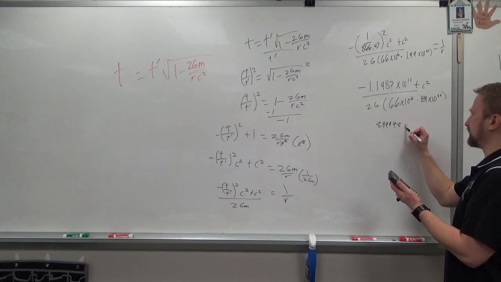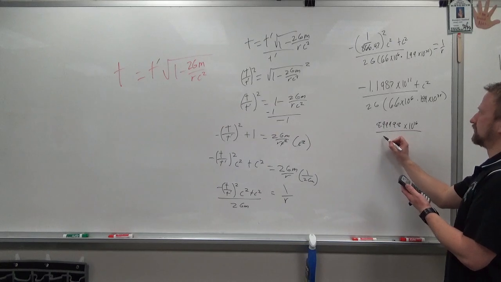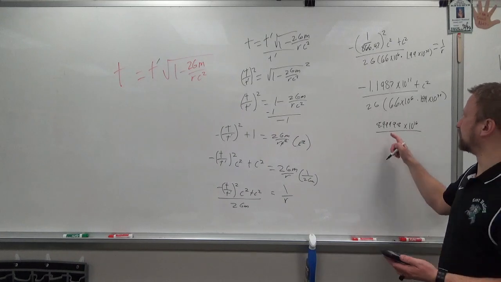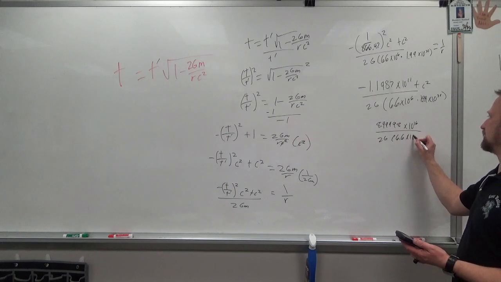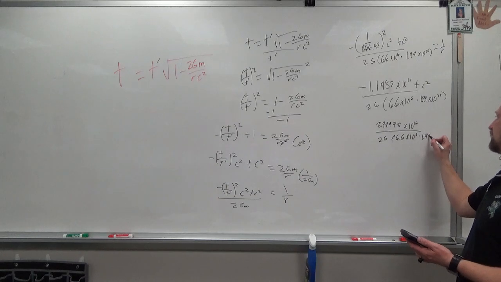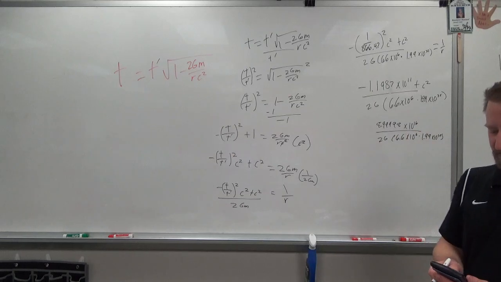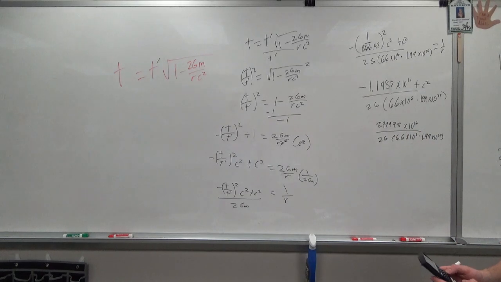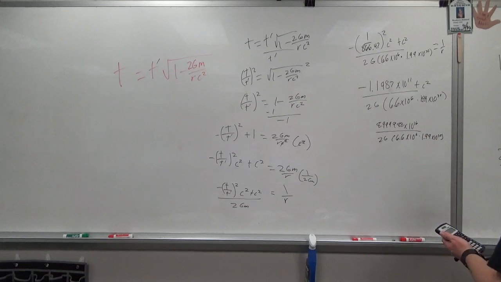8.99998 times 10 to the 16th on the top. And now 2g times 6.6 times 10 to the 6th times 1.99 times 10 to the 30th. I'm going to do all this part at once. Maybe I won't, because I don't like doing it all at once.